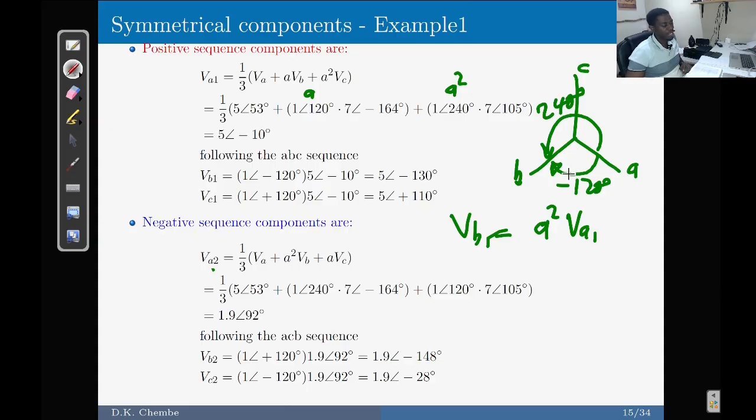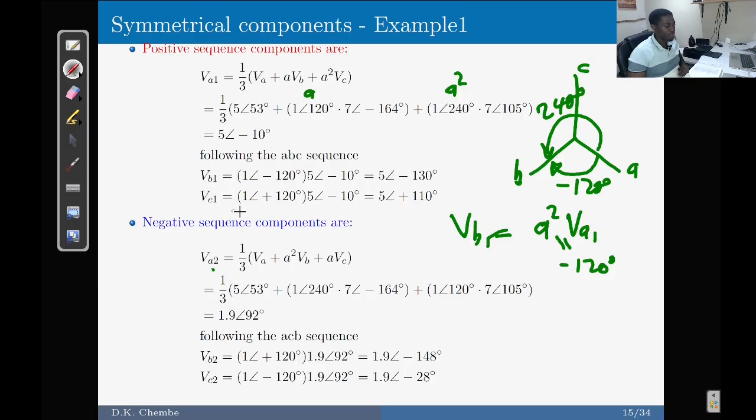Now that a², as I mentioned, you can also take simply as minus a, it's the same. You can go the 240 degrees way, or the minus 120 degrees way. This is also the same as 1 at minus 120 degrees, which is the component we use to get VB1.